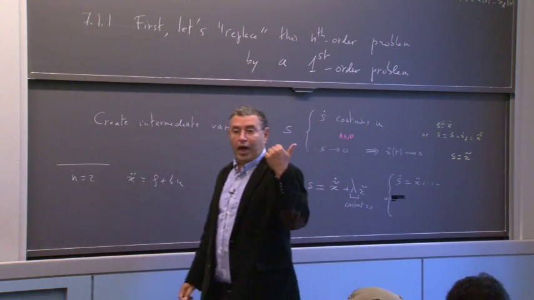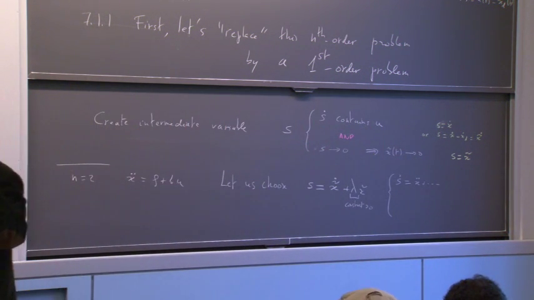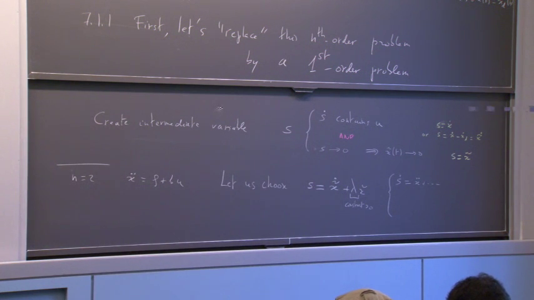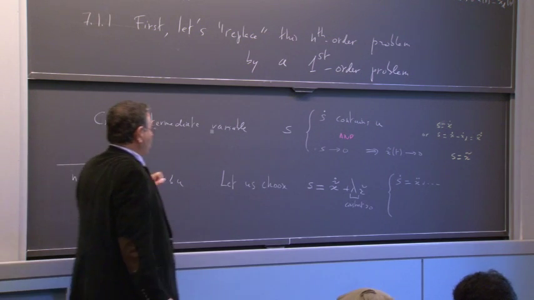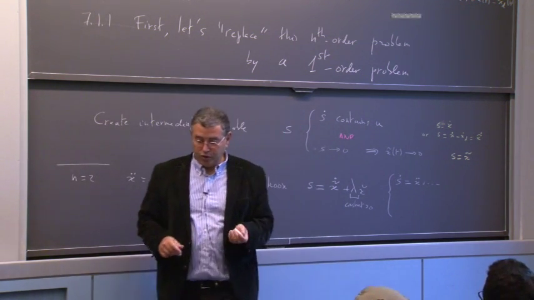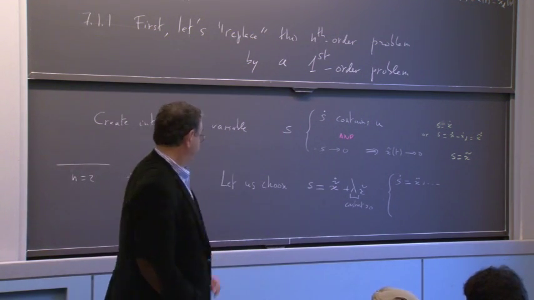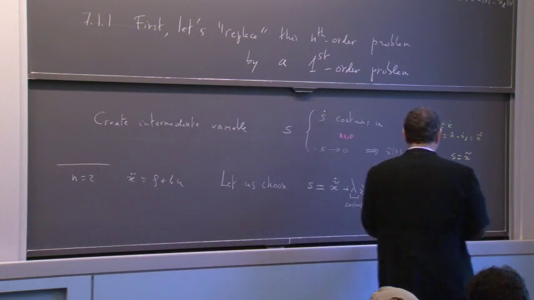S contains x dot, so s dot contains x double dot, and nothing else cancels it later. So it verifies the first condition, that s dot contains u.